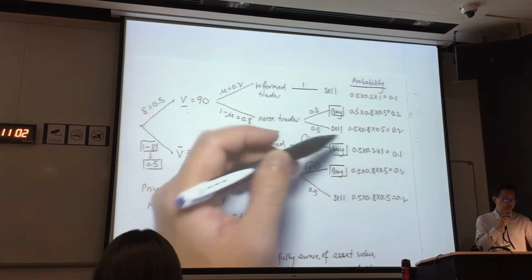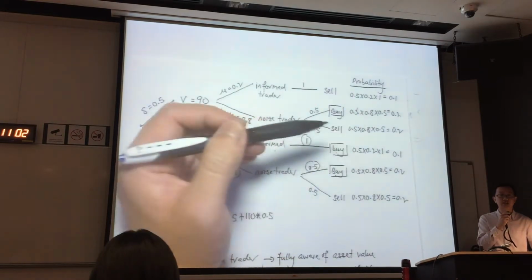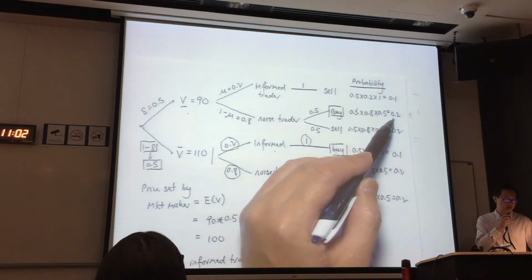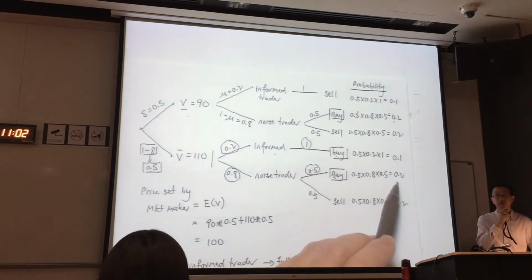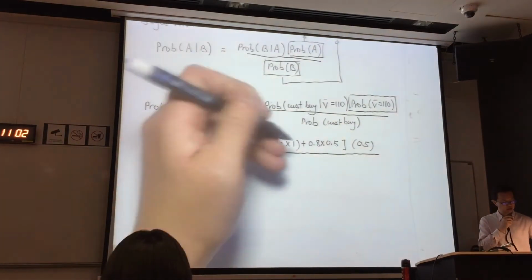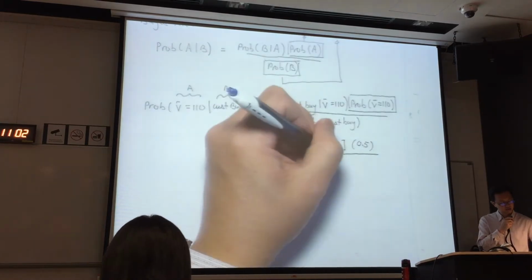So if you add up all the probability of buy trades, it will give you the unconditional probability of buy trades. So you add up 0.2, plus 0.1, plus 0.2. Understand? So this will go to the bottom, 0.2, plus 0.2, plus 0.1.